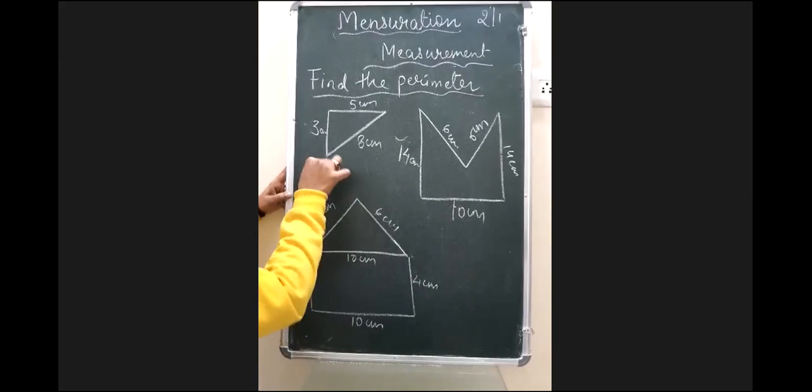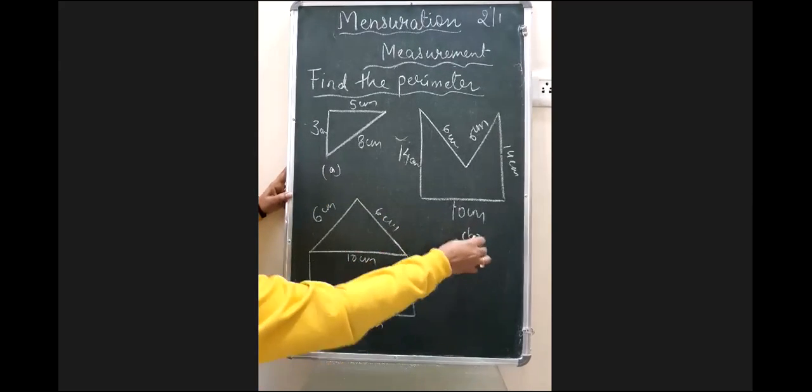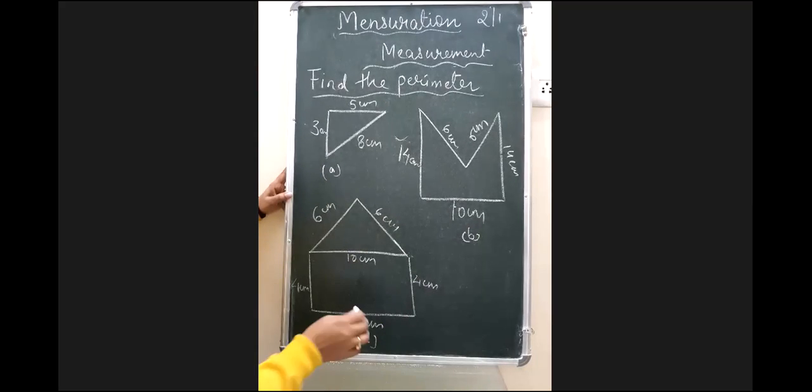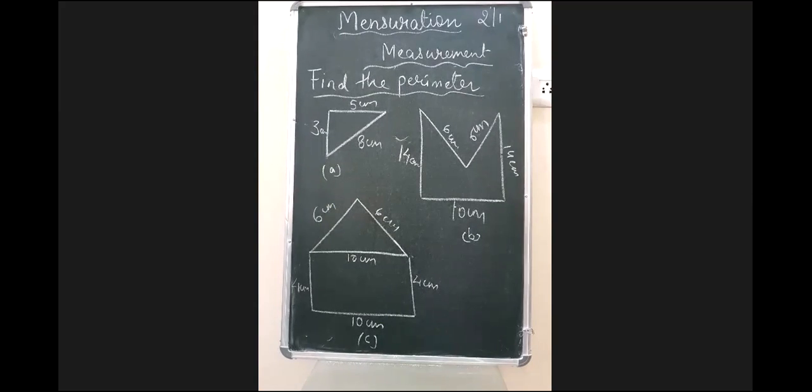So this is figure A, this is figure B, and this is figure C. Whenever you write your answers in the chat box, please mention A, B, C, which answer you are writing. Okay. So I have started getting the answers from these students. Let me get all the answers, then I'll talk about it.